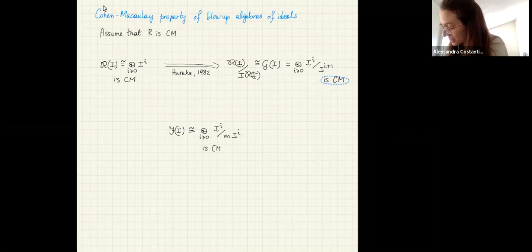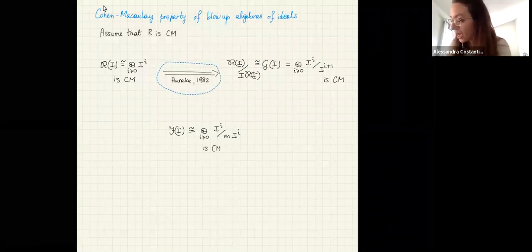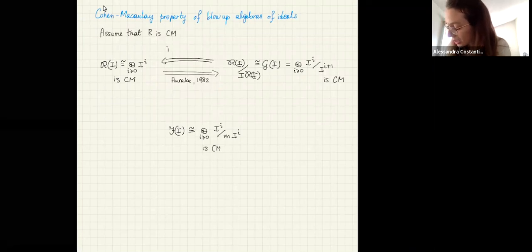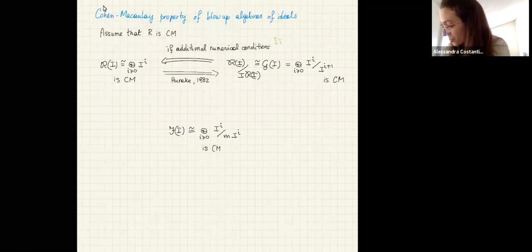So using this isomorphism, he shows that when the Rees algebra is Cohen-Macaulay, the associated graded ring is Cohen-Macaulay. The backward direction is not true in general; he gives a counterexample in that paper. However, the backward direction is true if some additional numerical conditions are satisfied. And let me list some people here. So Trung-Ikeda is the most famous.